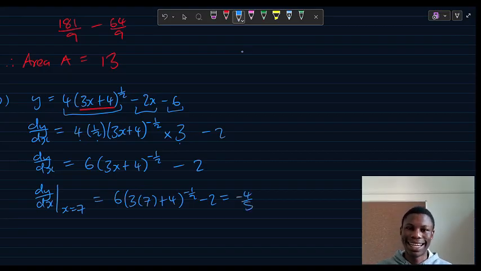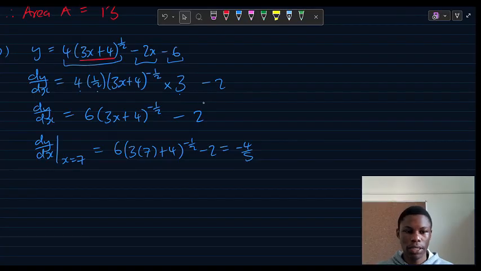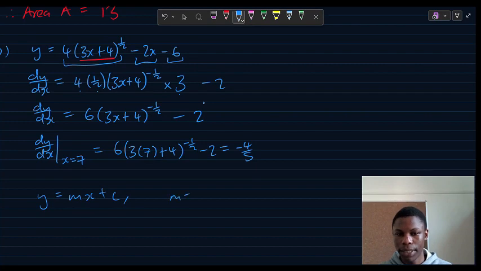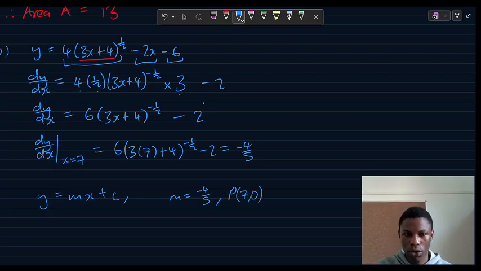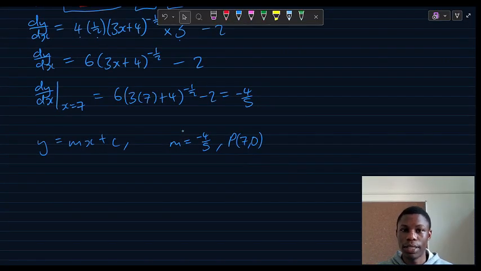So we know that the gradient of the tangent to the curve at the point P is negative 4 over 5. If we're using the form y equals mx plus c, we know m is negative 4 over 5 and we're given point P to have coordinates (7, 0), so we can just substitute this and find the y-intercept.